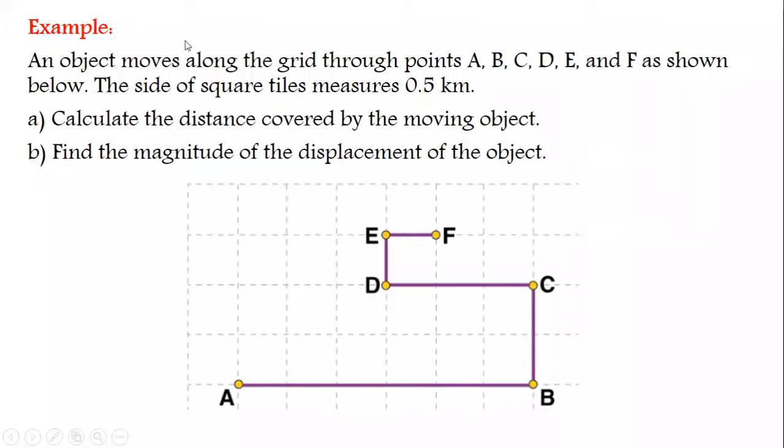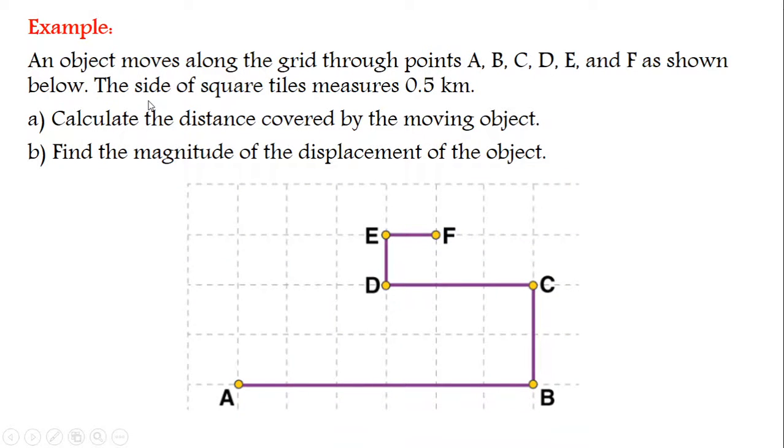An object moves along the grid through the points A, B, C, D, E. The object is moving along the grid in the path A to B, B to C, C to D, D to E, and E to F, as shown below.